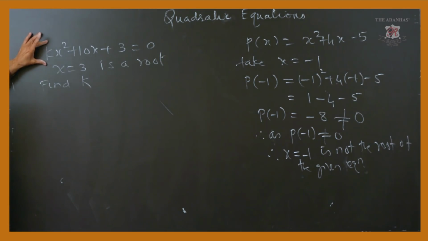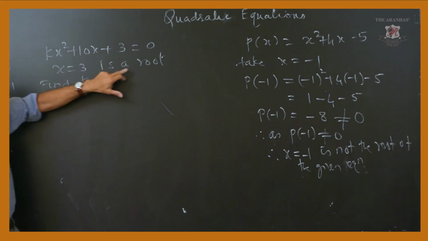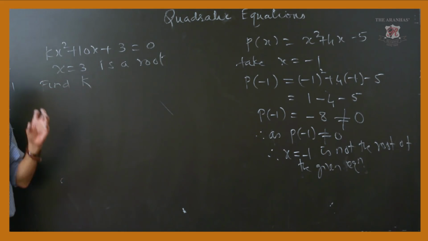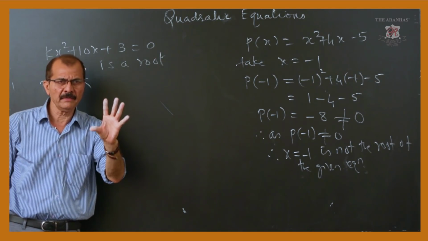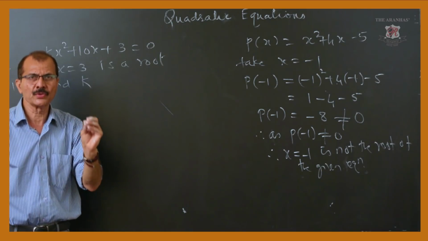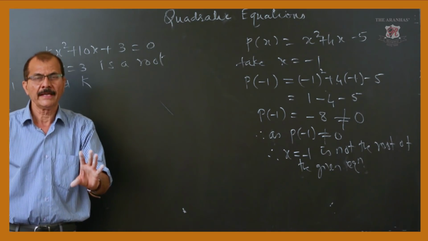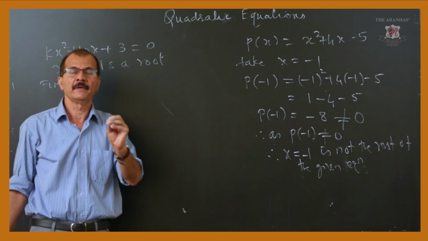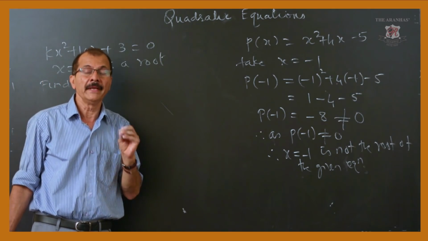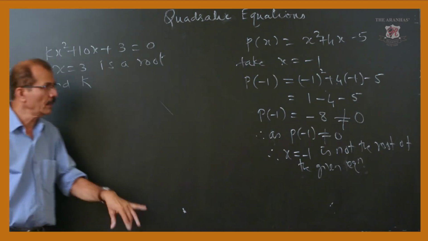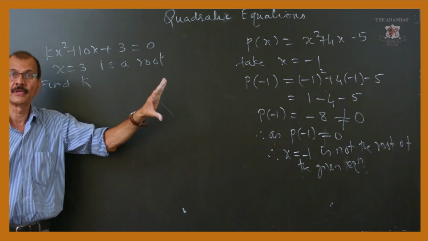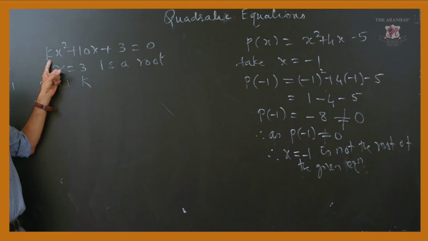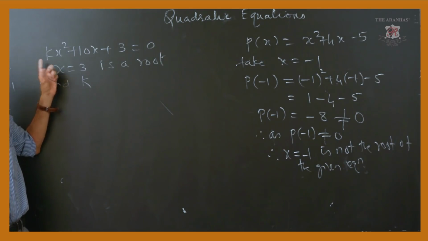So, to find the value of this k, it is given to you that x equals 3 is a root. So, you keep this in mind that whenever x equals a is a root, that means the value of the polynomial is 0. Means what? You put the value of x equals 3 in this and equate that to 0, you will get your unknown k. How to write?